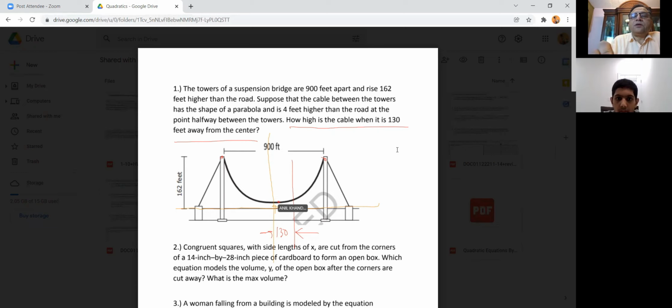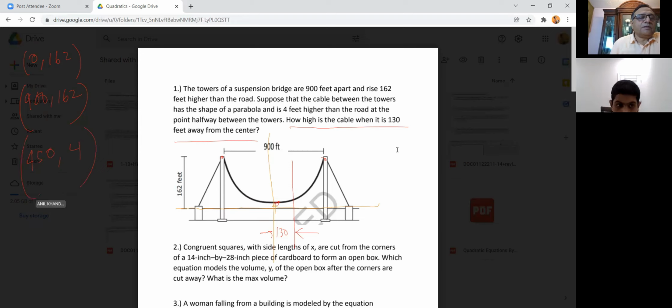So in this parabola, you know a couple of points: 0, 162, and 900, 162. And the vertex is at 450, height of 4.